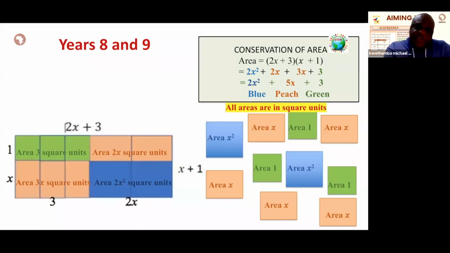And that brings us to a very important concept in mathematics, where we say there's conservation of area. Obviously, that conservation of area is seen through fitting these pieces into the bigger one. Can we move on?